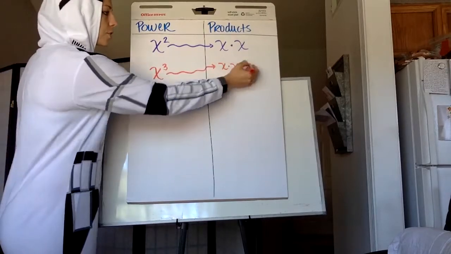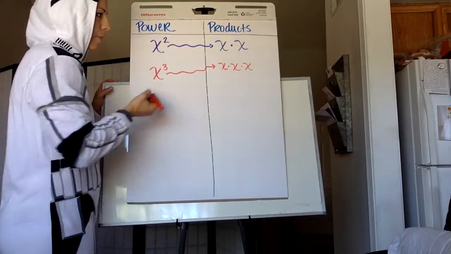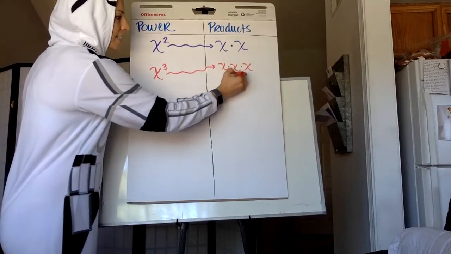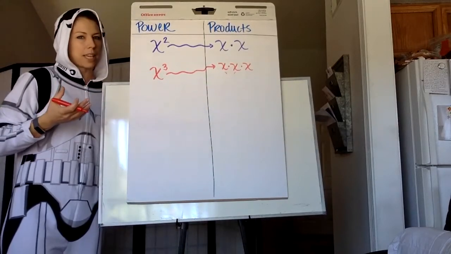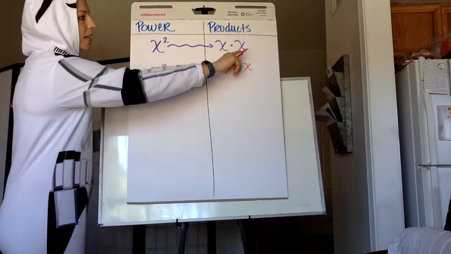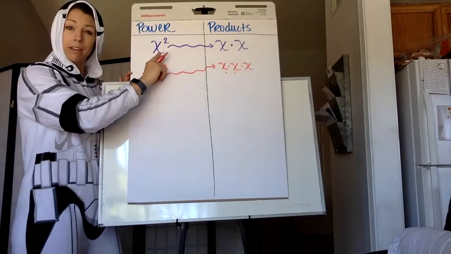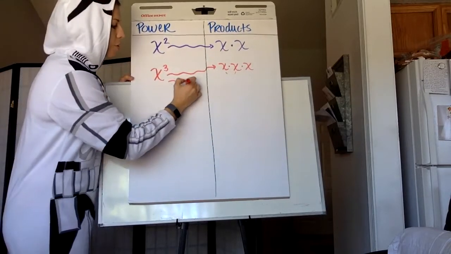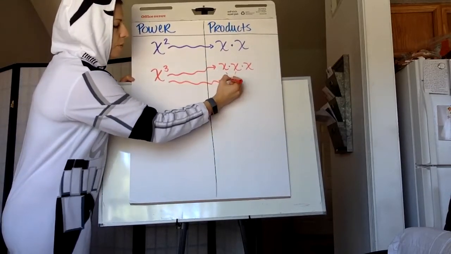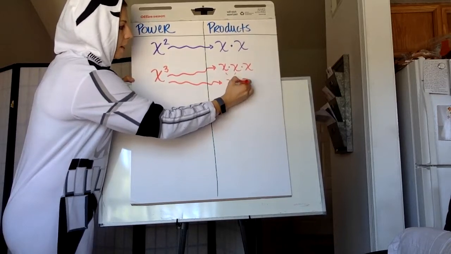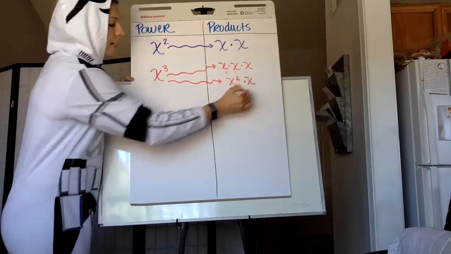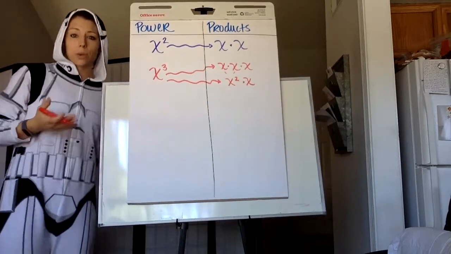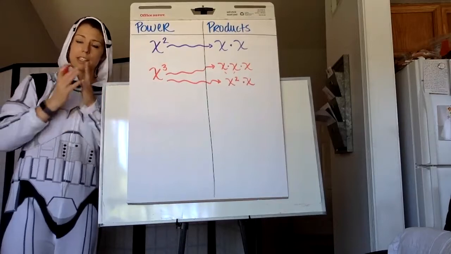I have 1, 2, 3 x's that I'm multiplying by themselves. Well, what does x times x actually mean? Doesn't x times x equal x squared? I think it does. So another way that I can write x to the 3rd power is x squared times x, because remember, x squared is just another way of saying x times x.